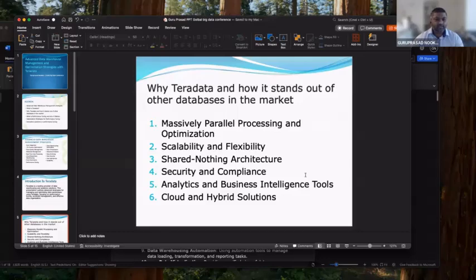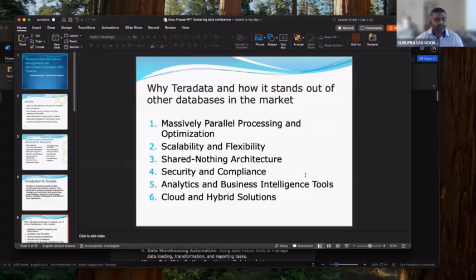Teradata uses a massively parallel processing architecture, which distributes the data and workload across multiple nodes and processors. This allows Teradata to execute queries much faster, more efficiently, and more accurately than traditional databases.